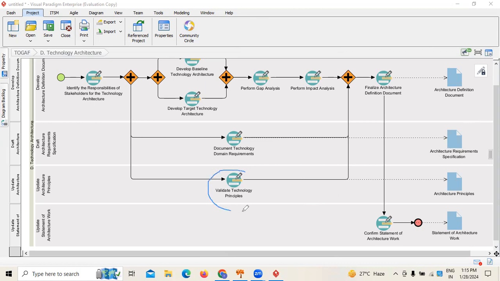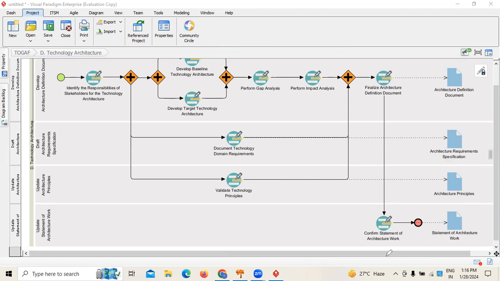As I told you, validating IT principles as well as technology principles is one of the key elements. This is the third level, where we are trying to understand architectural principles. Based on the architectural principles we have identified, and the documents in reference to the architectural definition document that we have prepared so far, we have to confirm them. Whatever work we are about to develop, we have to confirm through a confirmation statement, to what extent it is required and what is essentially in it.